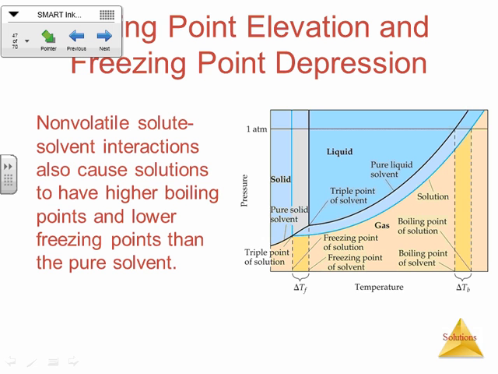Why is it better if our water gets up to 105 or 110 degrees Celsius before it boils, as opposed to just 100? Then it will cook our food faster. You see how that works? Okay, so people always say you put salt in water, it makes the water boil faster. Well, no, it makes your food cook faster because the water gets hotter before it boils. Does that make sense? Okay.